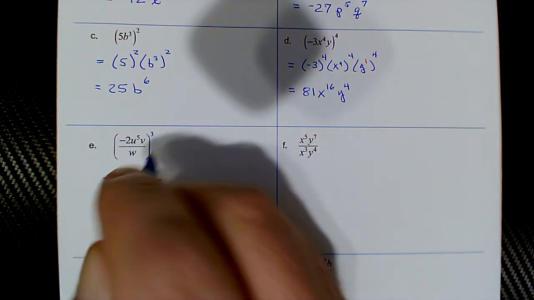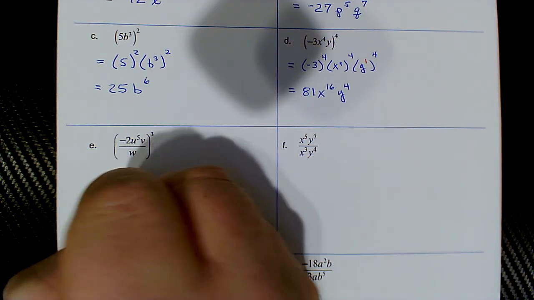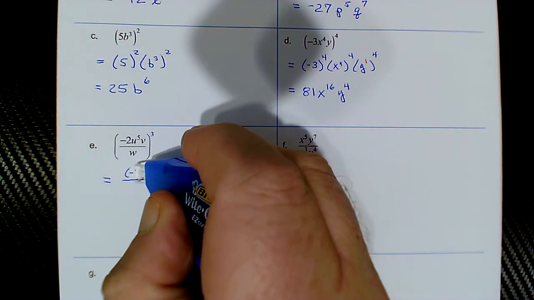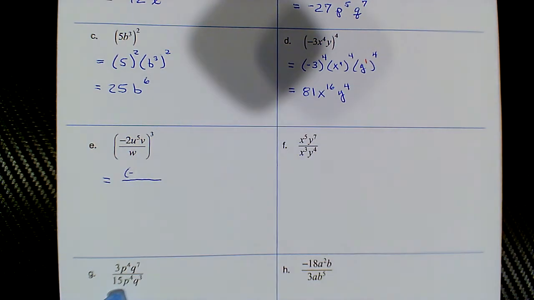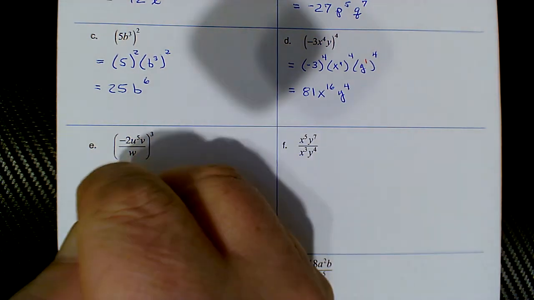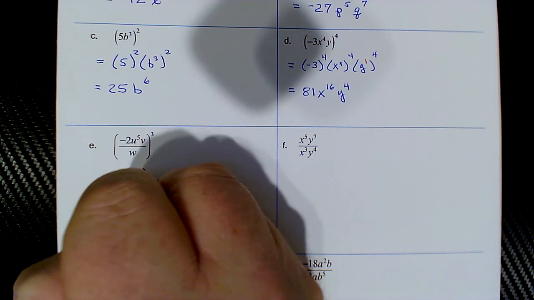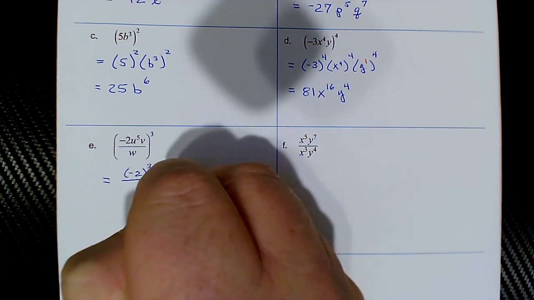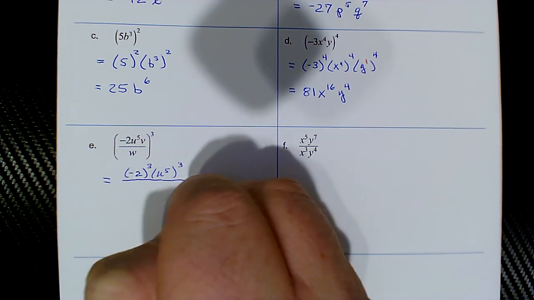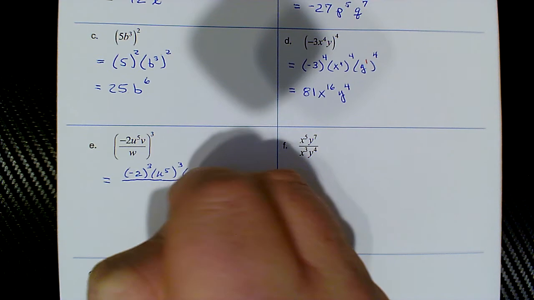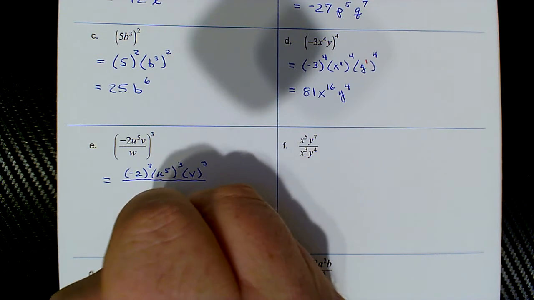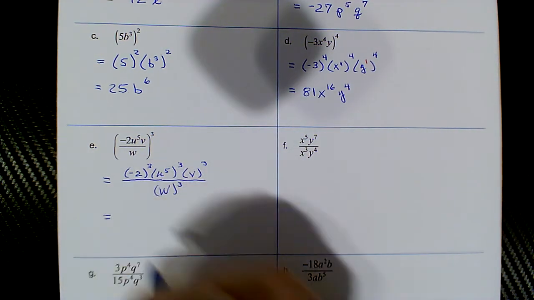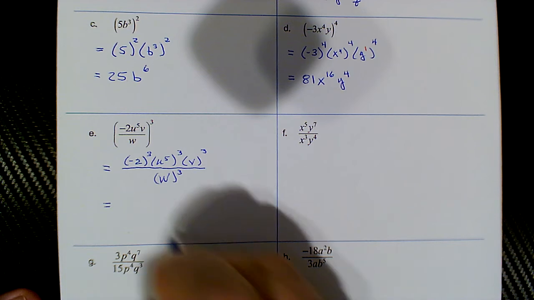So the -2, and again, this is the intermediate step that if you wanted to skip, you could skip it. But the idea is -2 gets raised to the 3rd, the u to the fifth gets raised to the third, the v gets raised to the third, and the w gets raised to the third. So every factor raised to that power and kept as a quotient.